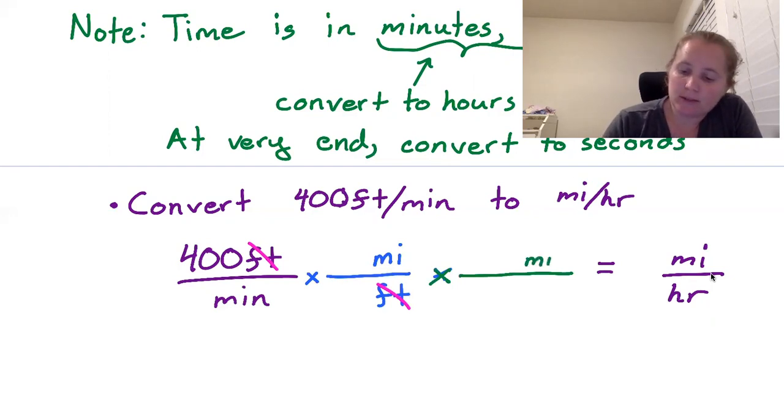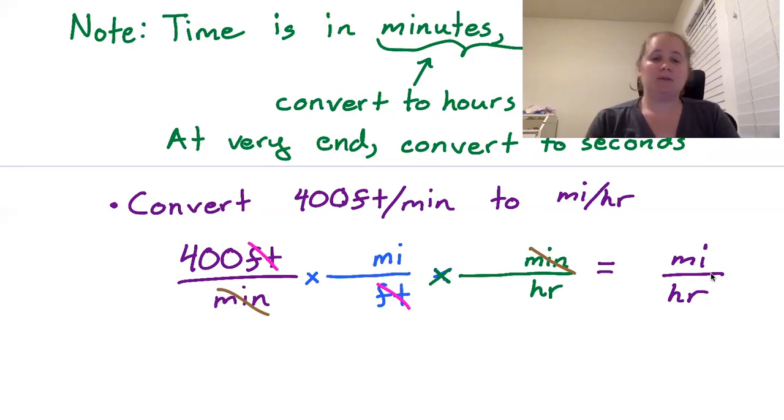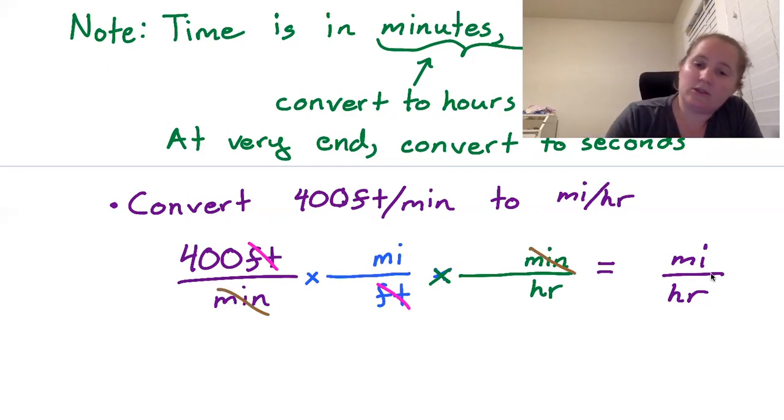So we'll put minutes up top. And we do have an easy conversion, minutes to hours. So we can cancel our minutes that way. Let me do a different color. So this is what we're aiming for in terms of units.